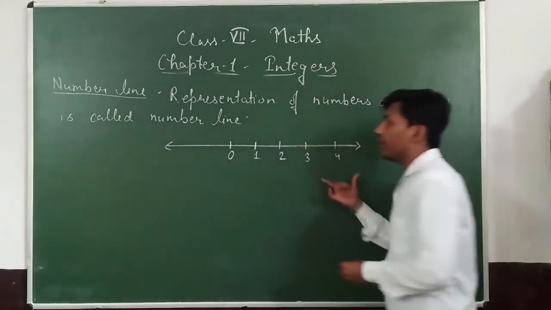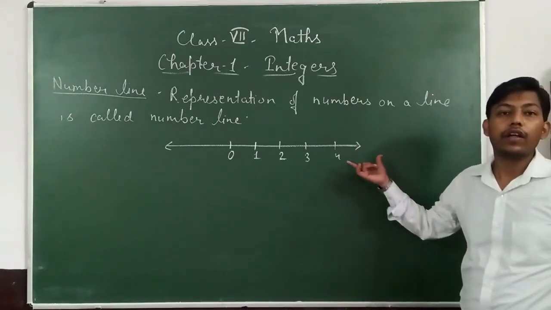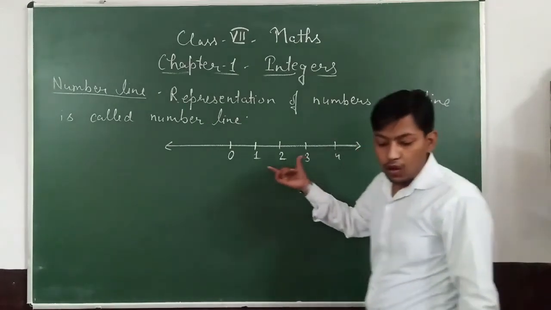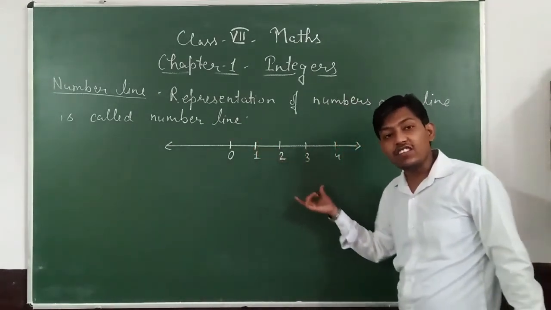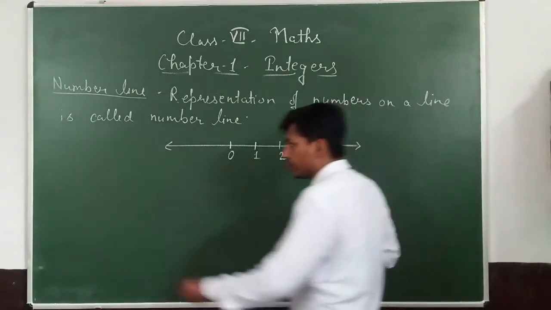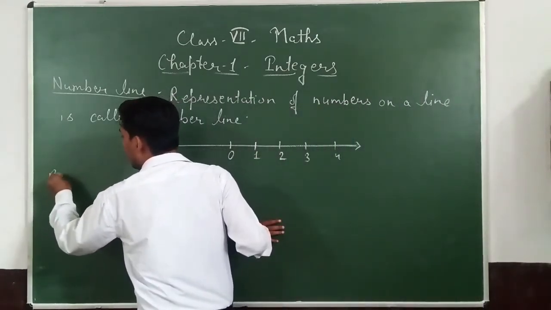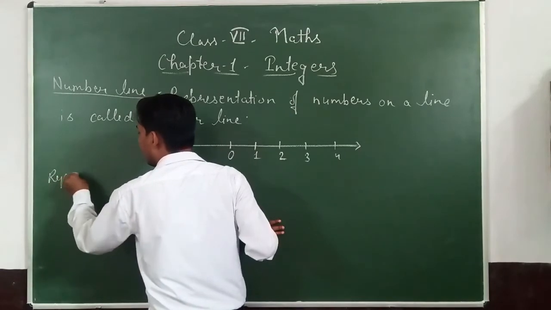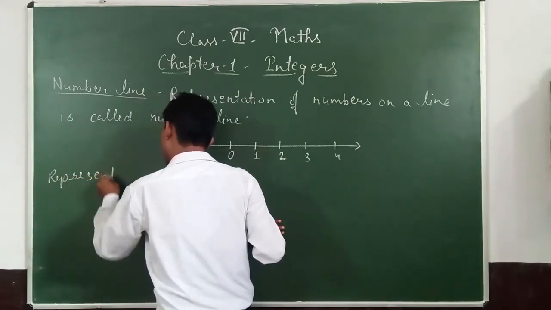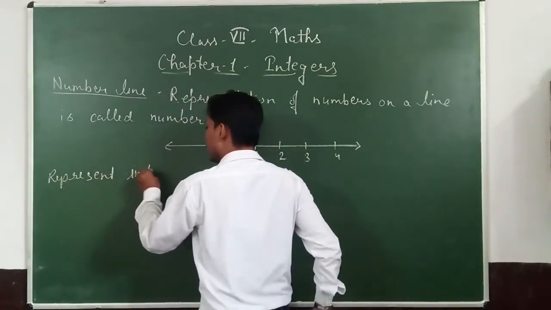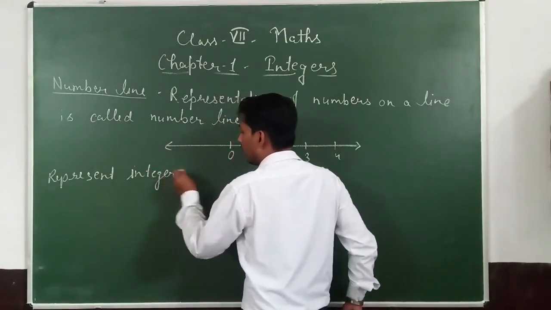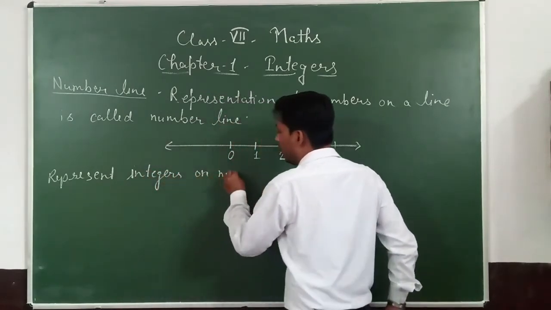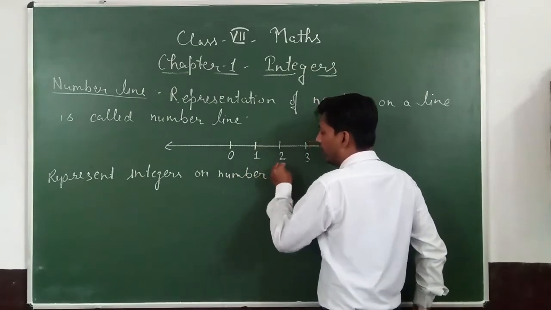That is a representation on a number line. Now our topic is how to represent integers on a number line.